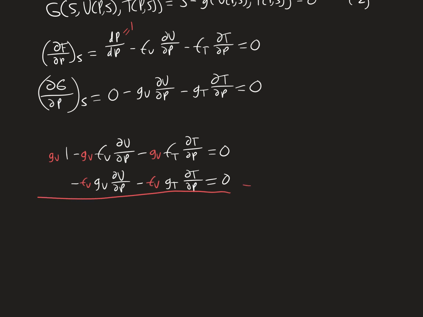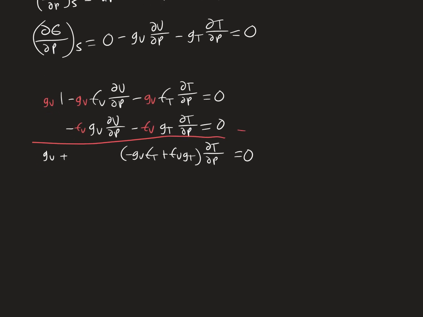So if you do that, we get a g_v over here. Well, these two terms will cancel out, like we said. So we get g_v, and over here we get minus g_v f_t plus f_v g_t times ∂t/∂p, and this is equal to 0.